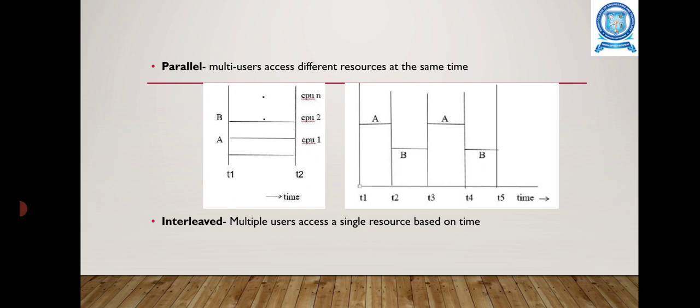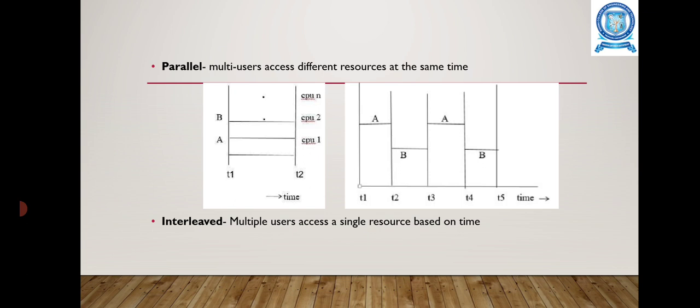That means two users, user A and user B, are both using the system, but they use different resources. A uses CPU 1, B uses CPU 2, but the time is the same. This is parallel: multiple users access different resources at the same time.